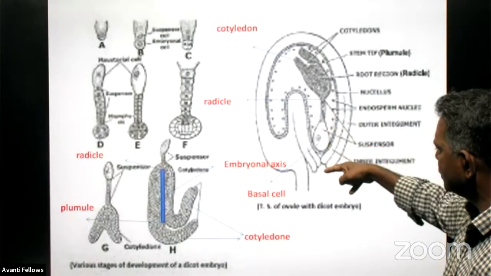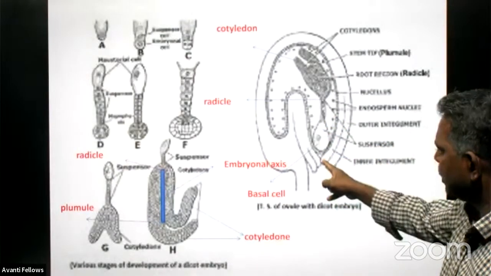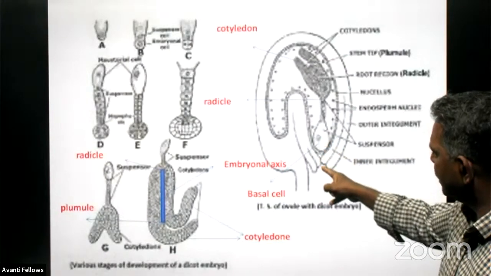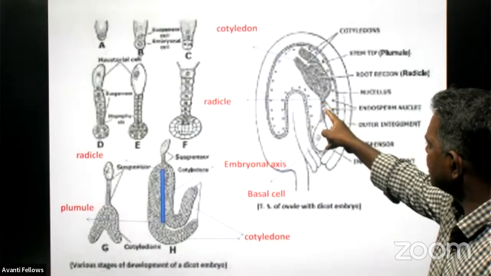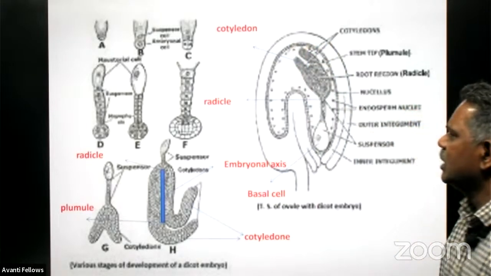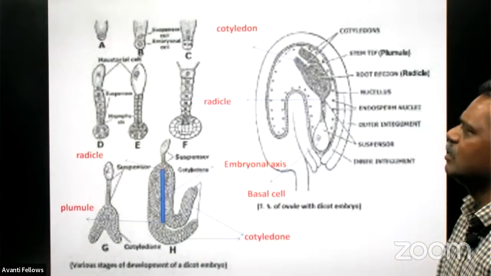The basal cell is always directed towards the micropyle only. You can see the micropyle here, and the basal cell is directed towards it, and the suspensor pushes this embryo in the direction of the endosperm to receive the food material stored in the endosperm.